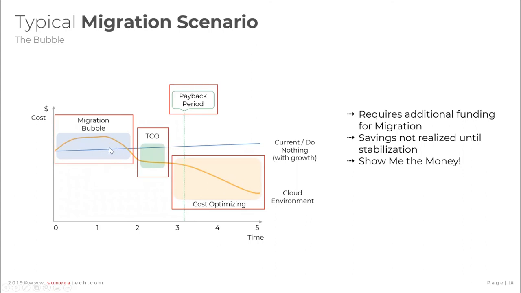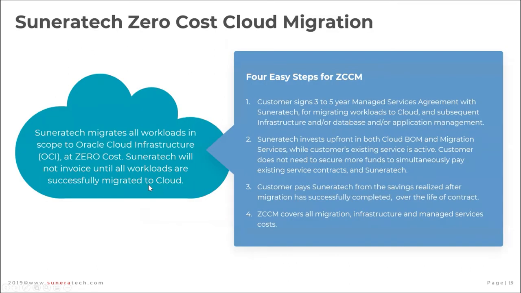We know that IT and business want to leverage the benefits of cloud, both in terms of all the functionality we have discussed, flexibility and the costs, but not many are willing to invest this delta amount because the pockets are pretty tight already. So what SuneraTech has done is introduce a program called Zero Cost Cloud Migration.